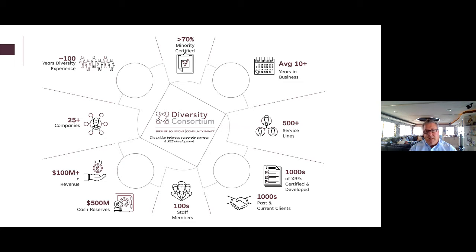The second half of that question is having corporations know that you're there. The challenge right now is organizations primarily go to the certifying bodies, WeBank, NMSDC, the veterans and service disabled veterans or Ability One or disabled list to find those folks.